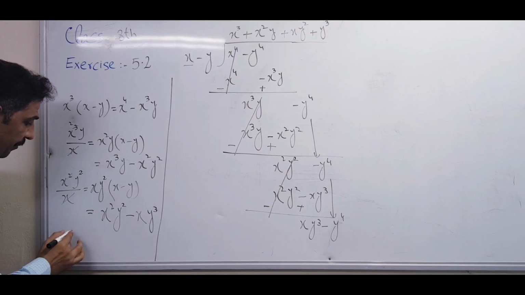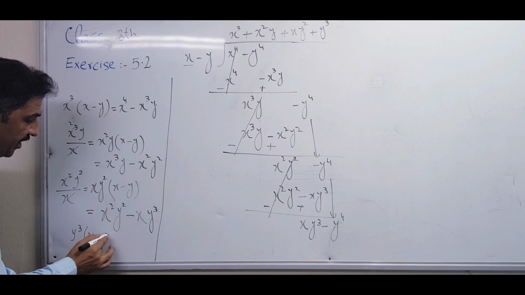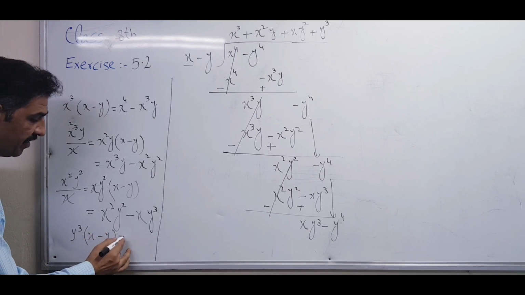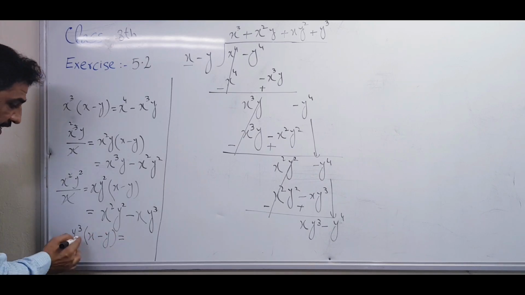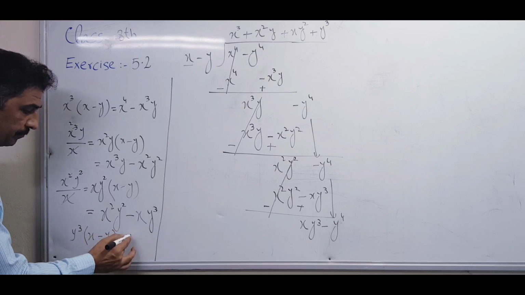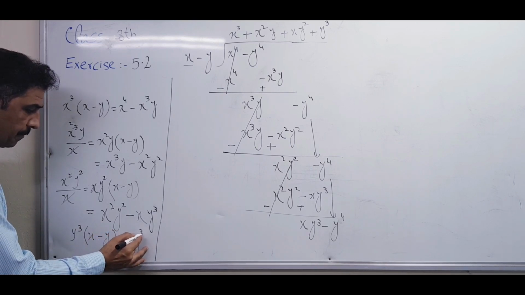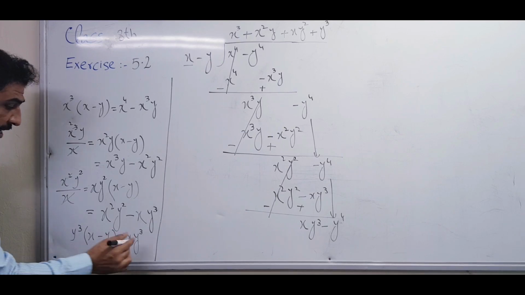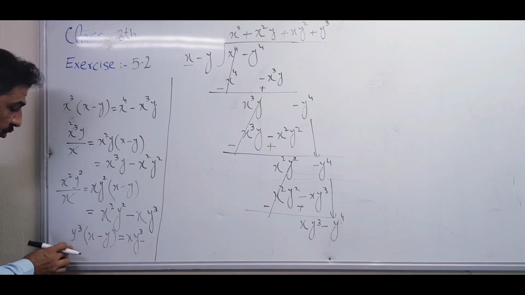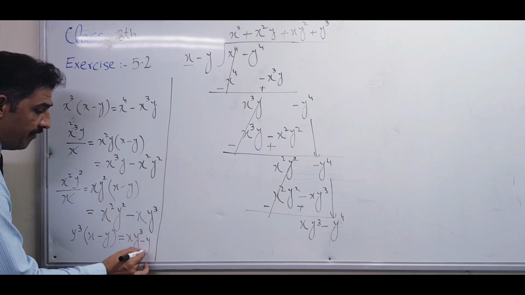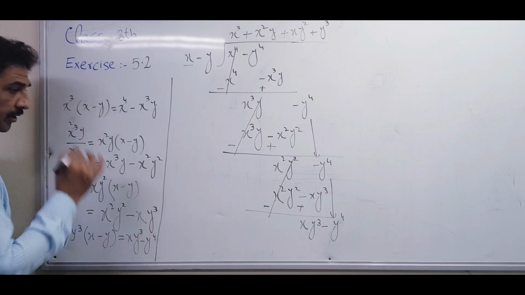So when we multiply y cube with x minus y, what result do we get? The result is xy cube and, minus y into y cube, so y exponent 4.